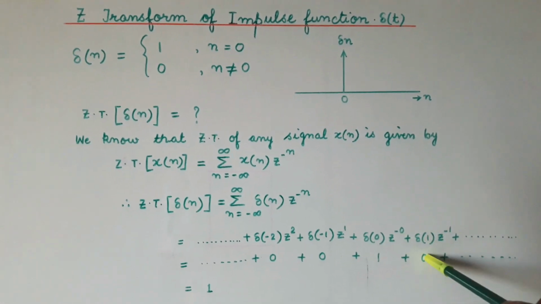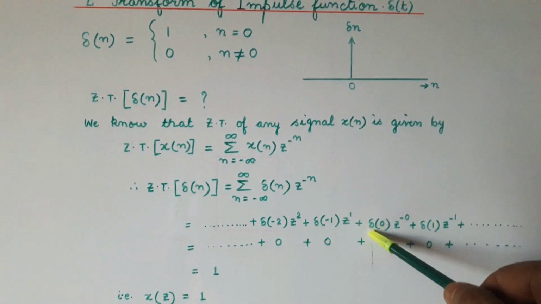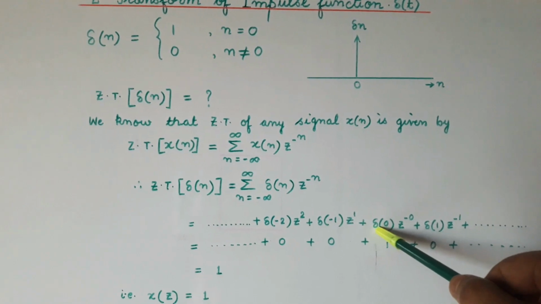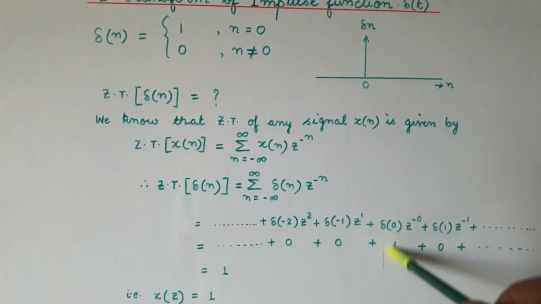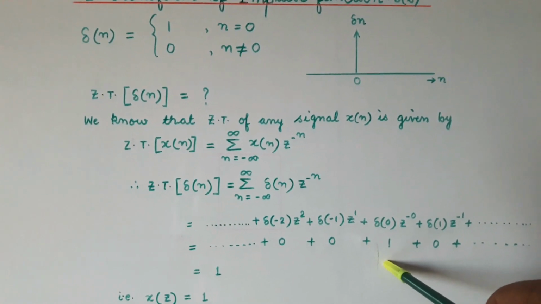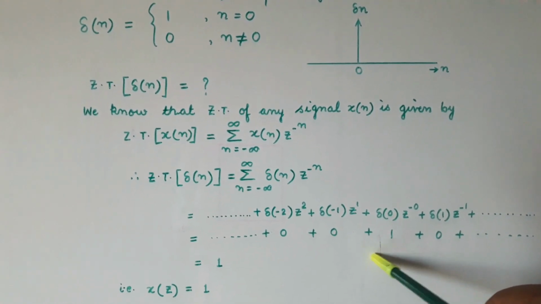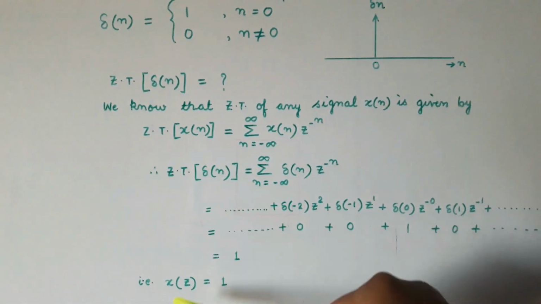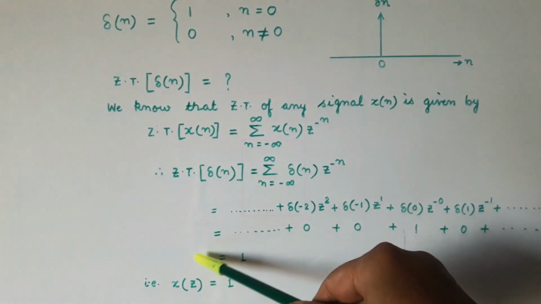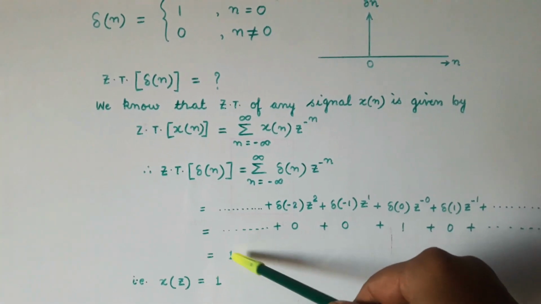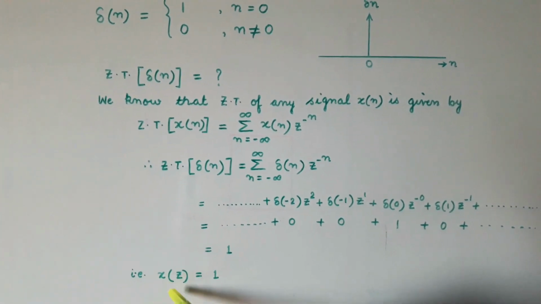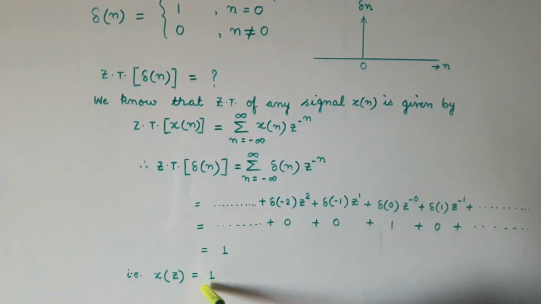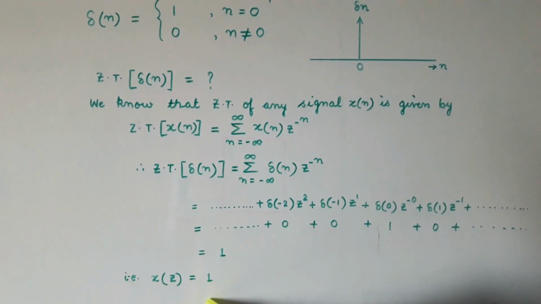Similarly, this term will also be 0, and delta of 0, since this function exists only at n equal to 0, will be equal to 1. So, we find that the Z transform of the discrete impulse is equal to 1, that is, the Z transform of the impulse function is equal to 1.